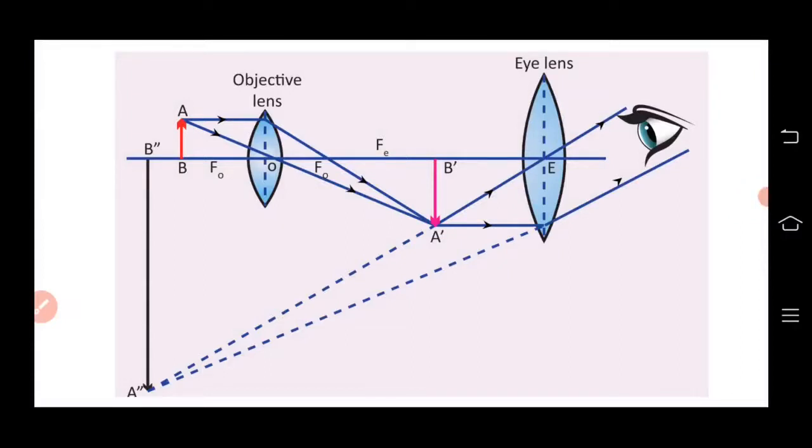Students, here the eyepiece forms a virtual, enlarged and erect image A double dash and B double dash on the same side of the object. So the compound microscope has 50 to 200 times more magnification power than simple microscope.